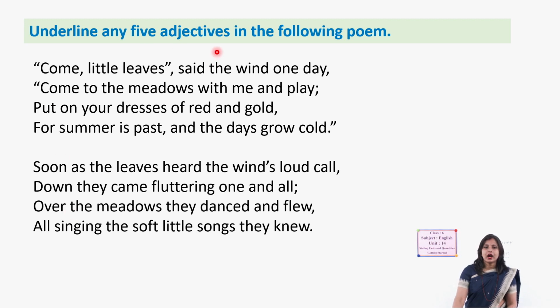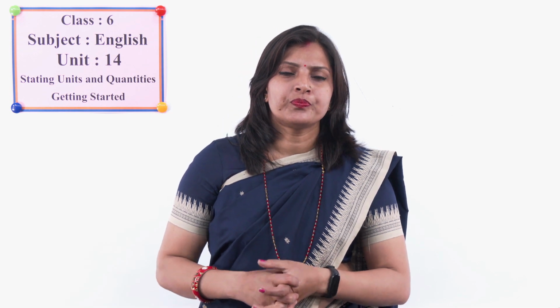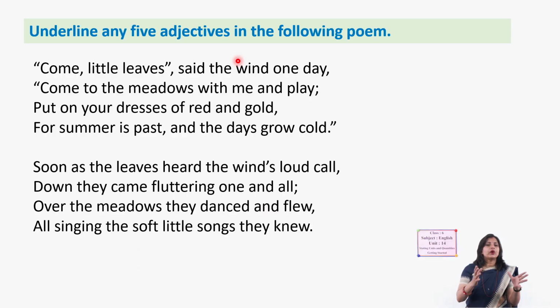Underline any 5 adjectives in the following poem. We have read the poem and you have also learned what adjectives are, haven't you? We discussed adjectives in unit 12, haven't we? So now quickly read the poem and underline only 5 adjectives.